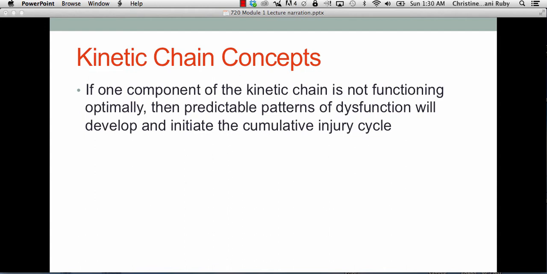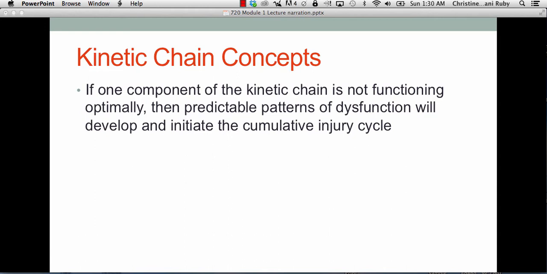If one component of the kinetic chain, or the human movement system, is not functioning optimally, then we can see predictable patterns of dysfunction that develop, and those will then ultimately lead to a cumulative injury cycle. For example, if we have a person who has a pronated foot or a flat foot, that small change in the foot affects the entire kinetic chain, or everything above that foot.